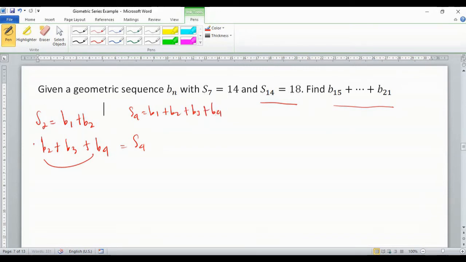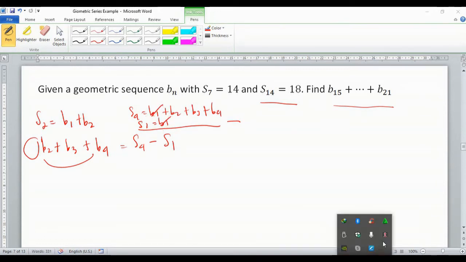But they do not start with 1, so you need to minus S1, because we know S1 is B1. So you can minus and then this one is cancelled. So it's S4 minus the previous number.